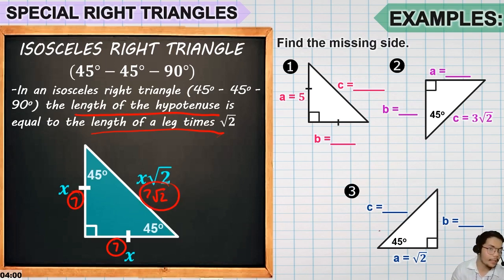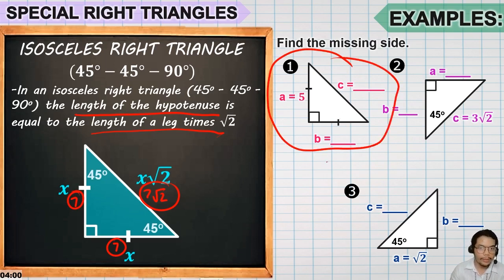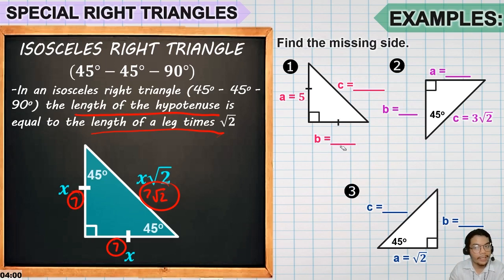Find the missing side on each given. So, let's have number 1. How do we identify if this given triangle is an isosceles right triangle? Ayan o. Yung dalawang sukat ng legs natin ay congruent. So, it's gonna be an isosceles right triangle. At the same time, kahit hindi natin sulat, this is gonna be a 45-45-90 degree triangle as well.